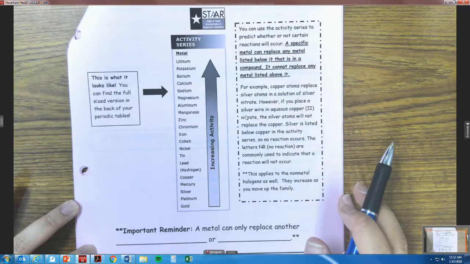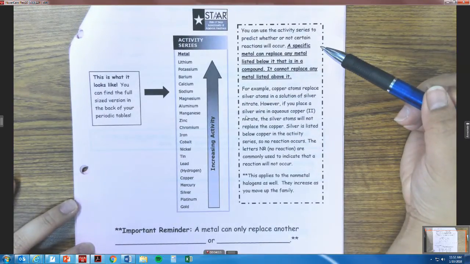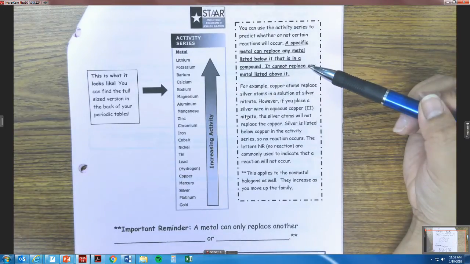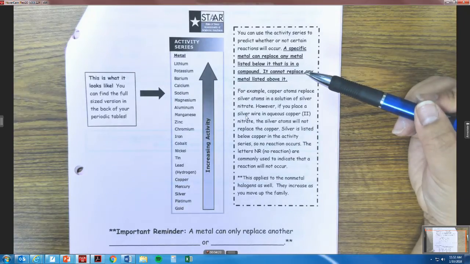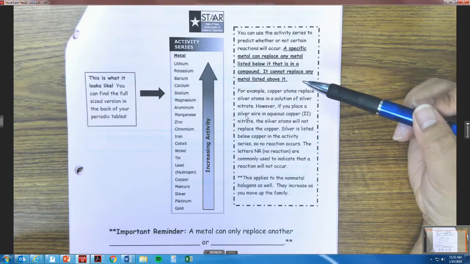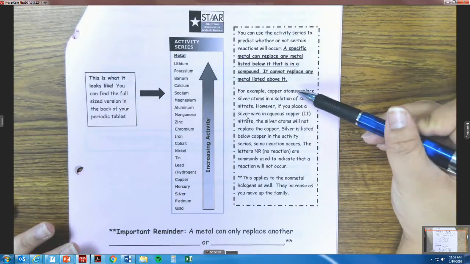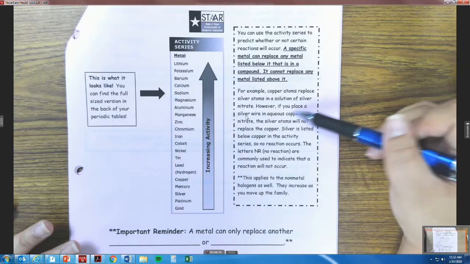You can use the activity series to predict whether or not a certain reaction is going to occur. A specific metal can replace any metal listed below it that is in a compound. It cannot replace a metal listed above it. For example, copper atoms replace silver atoms in a solution of silver nitrate.